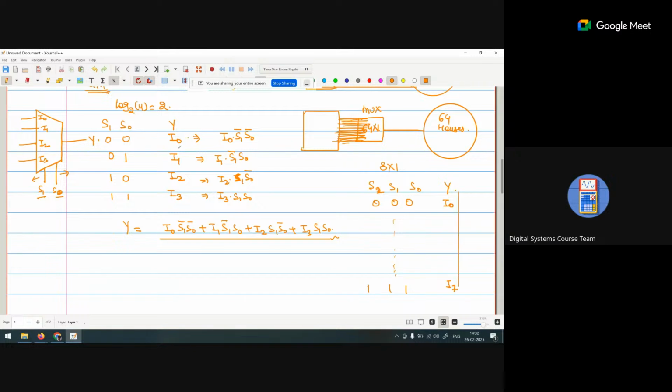We can write the equation as S2 bar S1 bar S0 bar I0, and for the last one S2 S1 S0 I7, and in this way write more equations. Finally, the overall Y is the combination of all terms from Y0 to Y7.